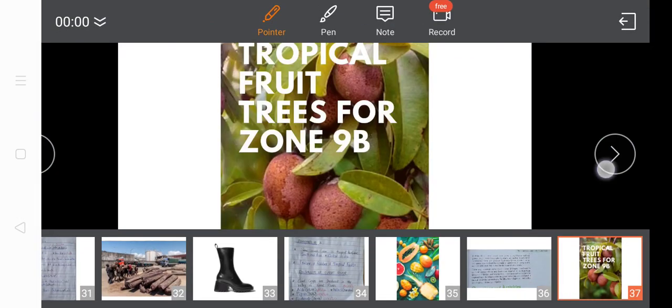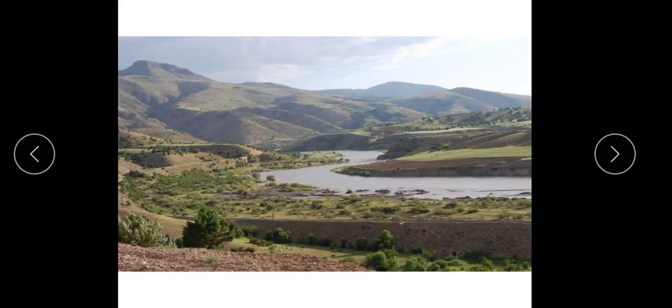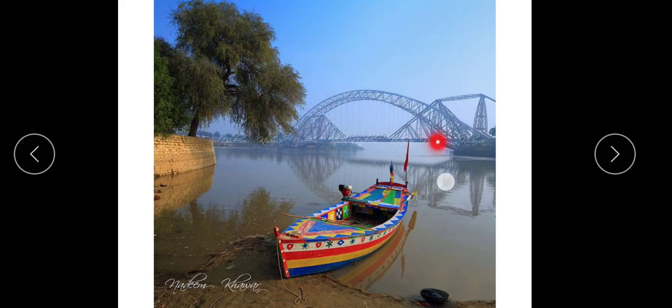Let me tell you about them. This is the river Nile at Egypt. This is river Tigris at Iraq, and this is river Indus at Sakhar area in Pakistan.